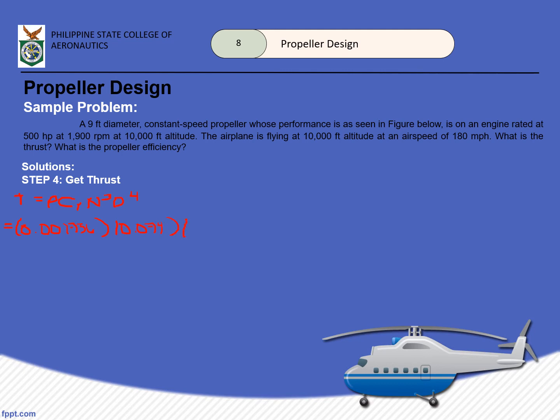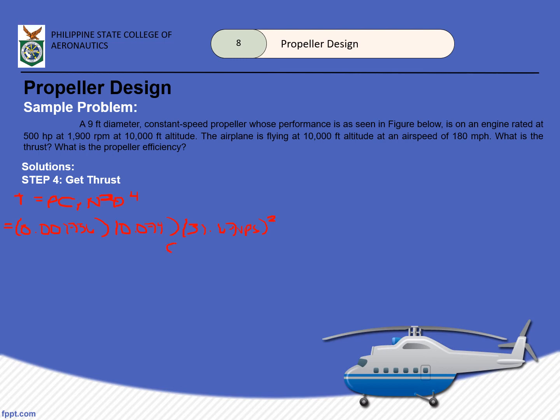Our N in RPS, 31.67, squared. Sorry, I made a mistake earlier, it is only squared.